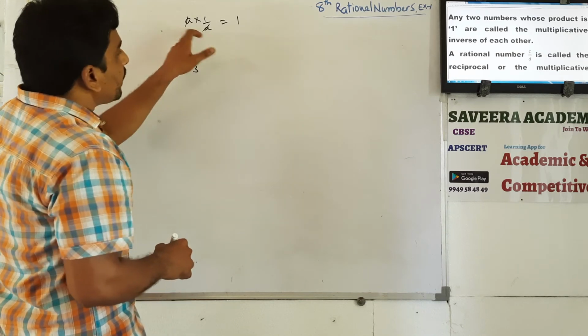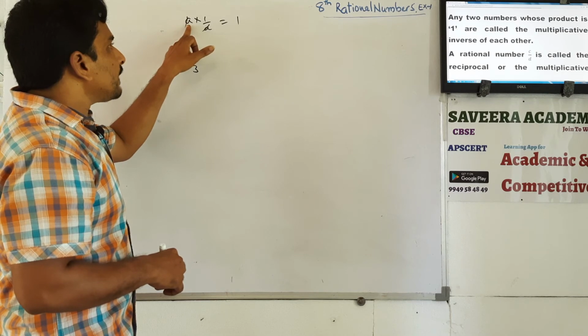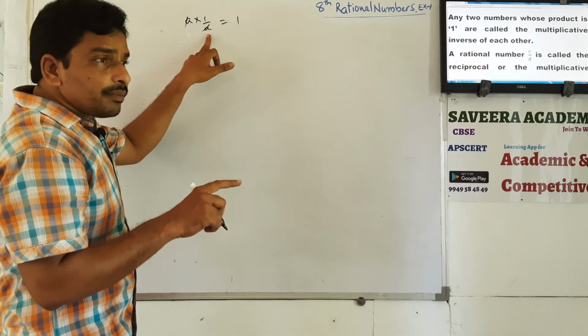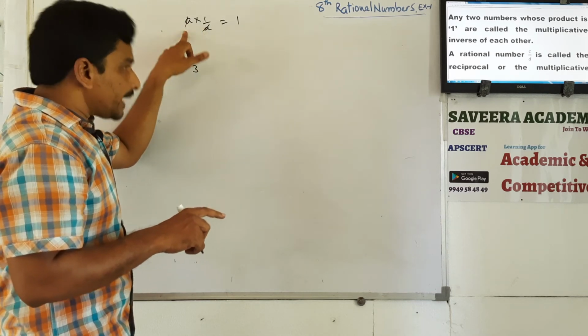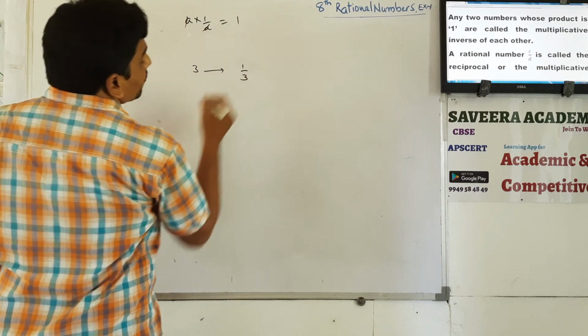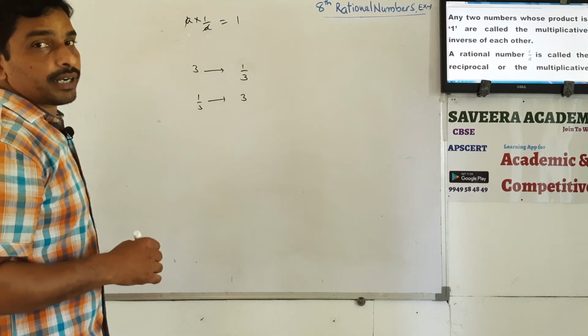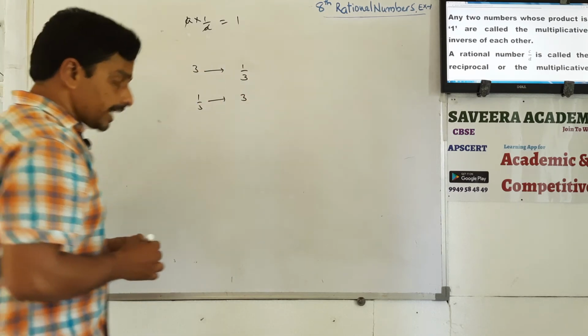Therefore a and 1 by a both are multiplicative inverse of each other. What is the multiplicative inverse of a? 1 by a. What is the multiplicative inverse of 1 by a? a. What is the multiplicative inverse of 3? 1 by 3. What is the multiplicative inverse of 1 by 3? 3. Okay, do you get this? So in such a way you will get.